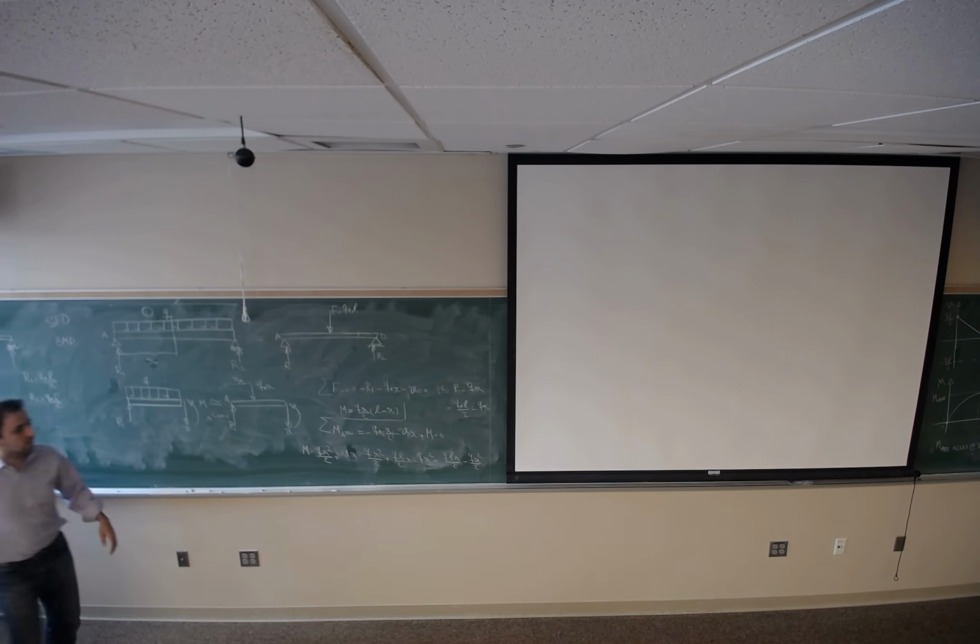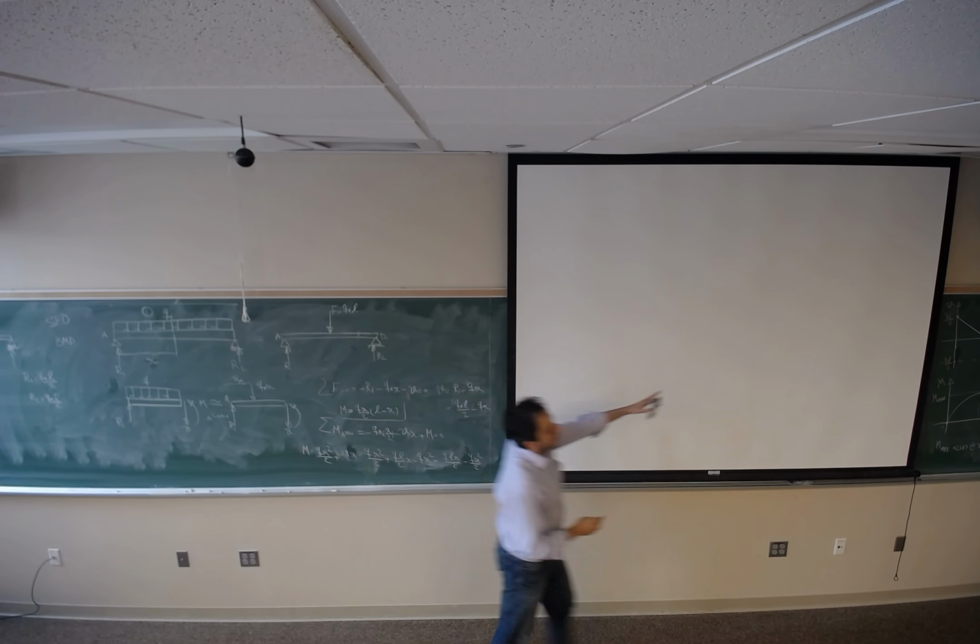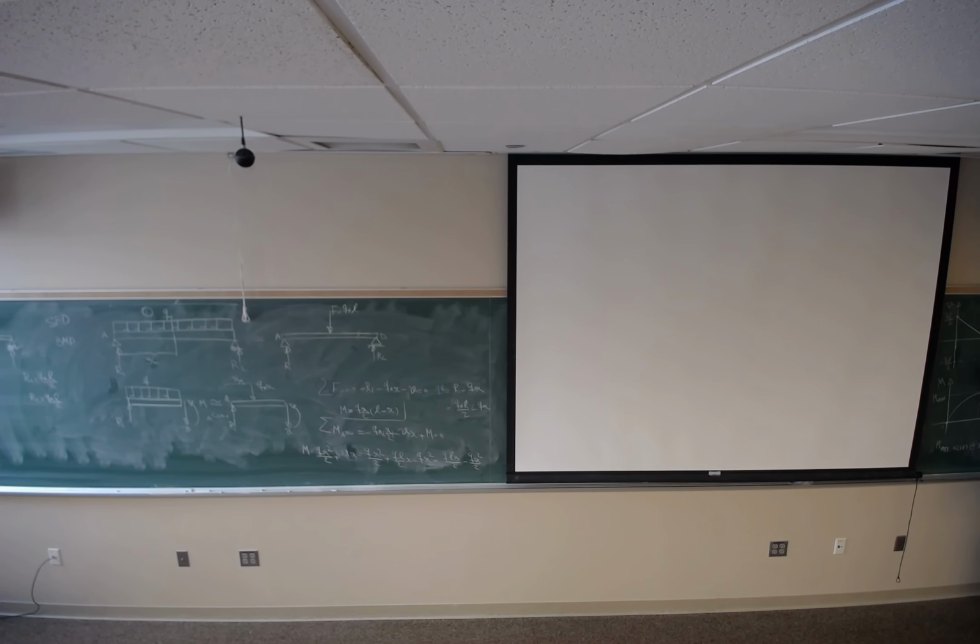Based on the shear force, either the starting point or the ending point of the beam would be the critical section. But if you remember, I said in almost all cases we just look at bending moment diagrams to find the location of the critical section.